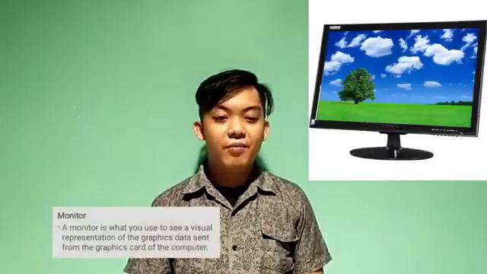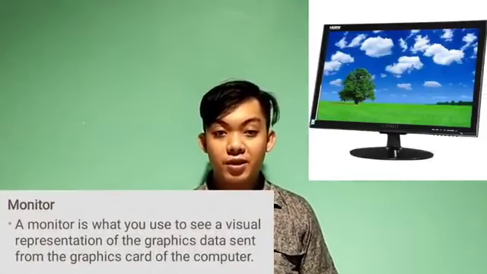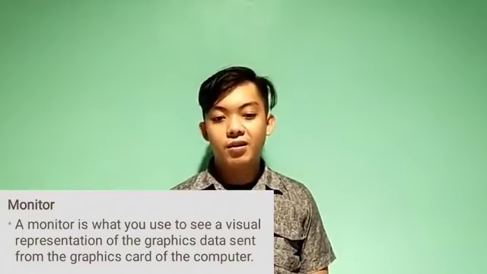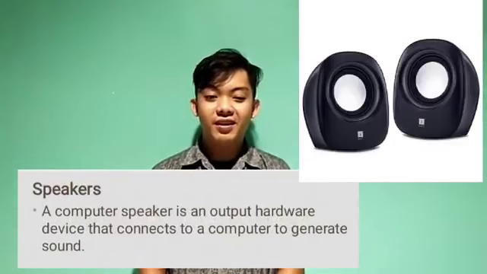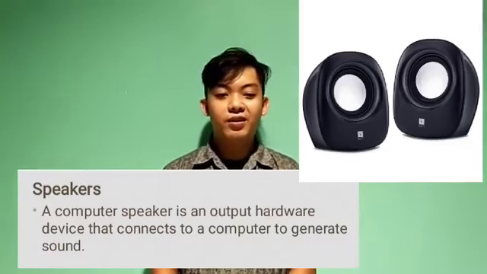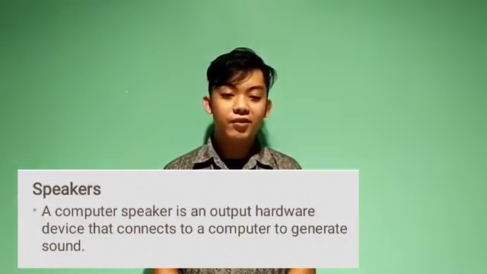Monitor. A monitor is what you use to see a visual representation of the graphics data sent from the graphics card of the computer. Speaker. A computer speaker is an output hardware device that connects to a computer to generate sound.